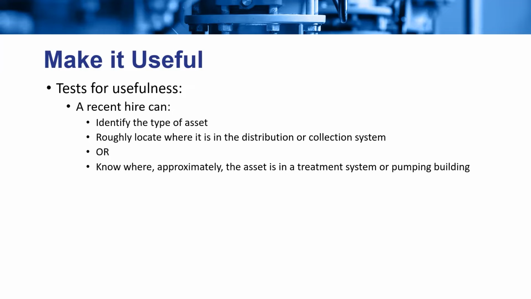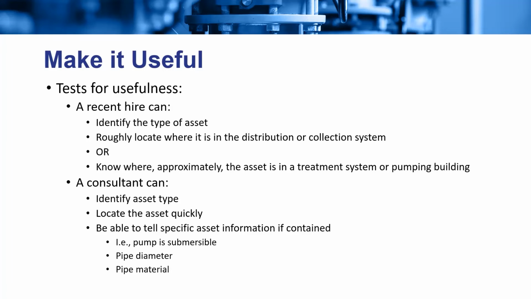A high service pump is obviously towards the end of a water treatment facility. A sludge pump is going to be in a certain place in an activated sludge wastewater treatment facility. So by the type of the asset, will the name help identify the type of the asset and therefore where it is in the treatment system or pumping building?